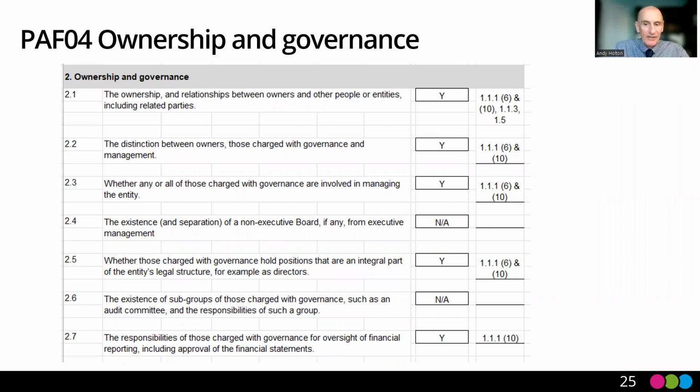This is a checklist to check that the information is recorded elsewhere. The intention is certainly not that you add the information to this checklist, because there simply isn't the space to do that. So where we've got yes answers, we need a reference to where the information is recorded, and clearly if it's not applicable, there is nothing to record.